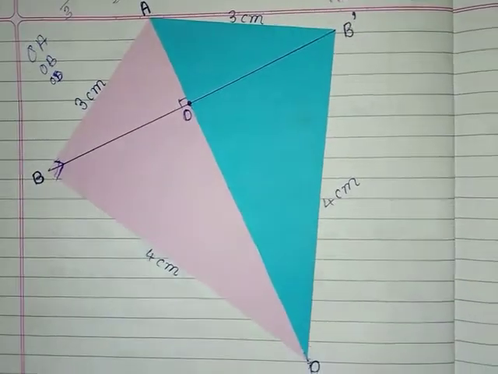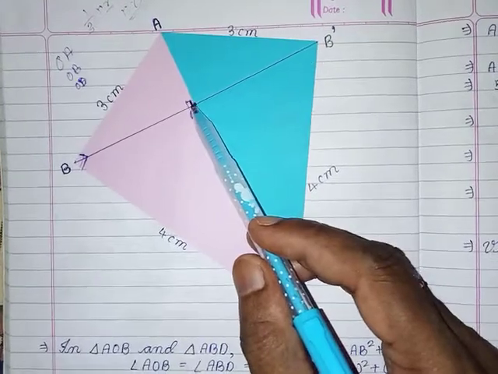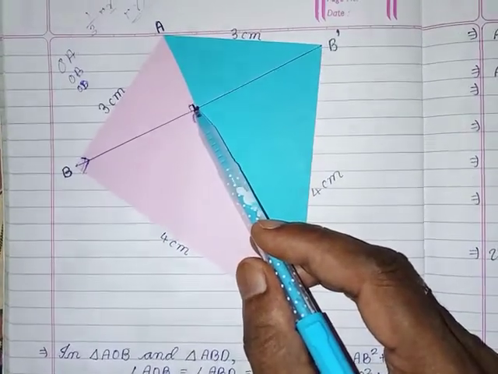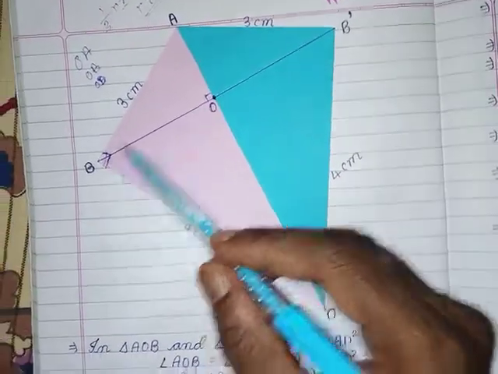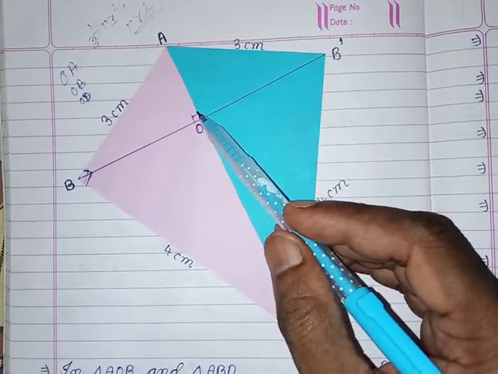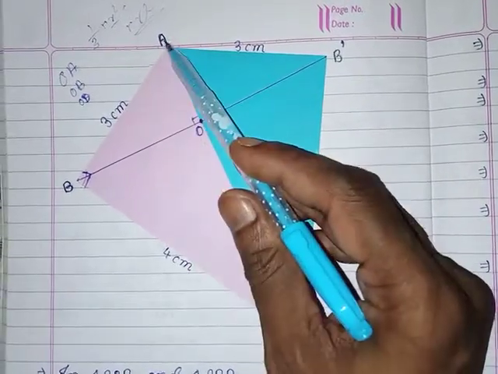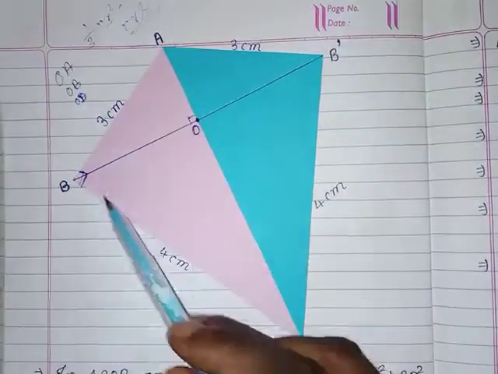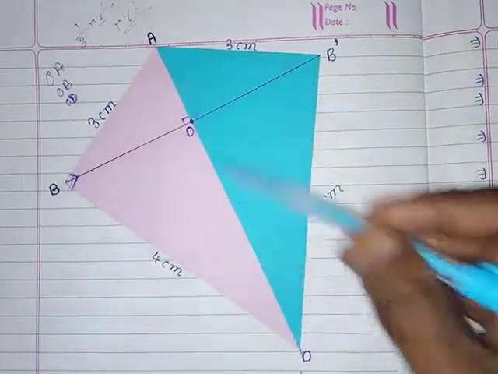So now we have to find the sides. First, opposite to the 90 degree is AB, opposite to this 90 degree is AD. So if these triangles are similar, then the sides are proportional. Which sides will we take in proportion? What is the hypotenuse here? AB. And what is the hypotenuse in the other? Opposite to this 90 degree, it is AD.